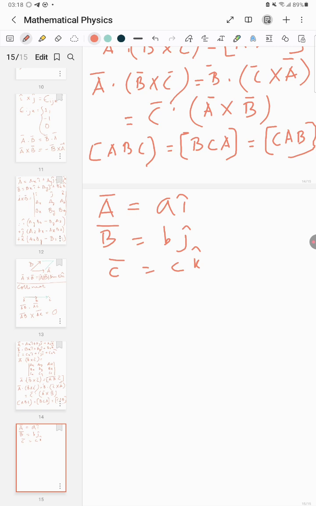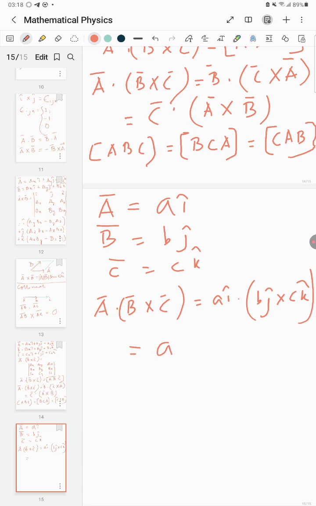So let us now mathematically prove this. The volume of the parallelepiped will be A dot B cross C, which is A i cap dot B j cap cross C k cap. Now A, B and C being constants come out.